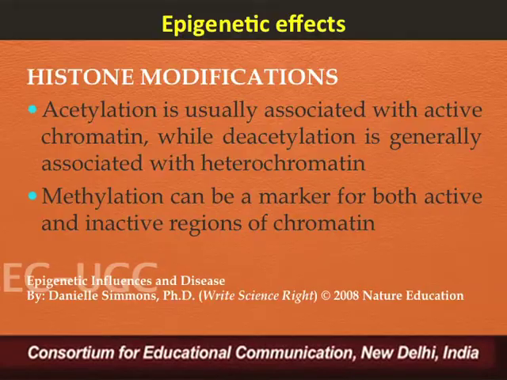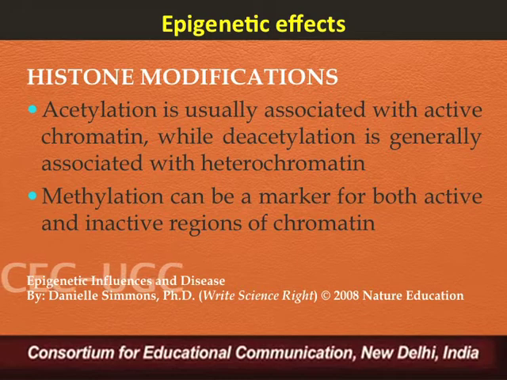So acetylation can cause a region to become euchromatin so that it is expressed, whereas deacetylation can cause a particular region of the chromatin to become heterochromatin so that the genes in that region are not expressed at all. Methylation can also do so, but methylation has both capabilities. Its addition at a specific locus can cause activation of genes, and at some other locus it can cause deactivation of the chromatin in that particular region.